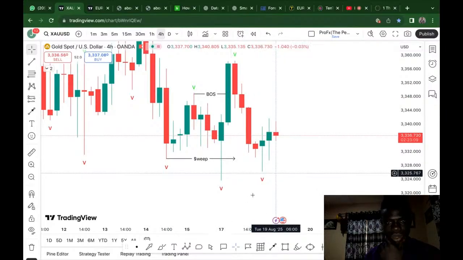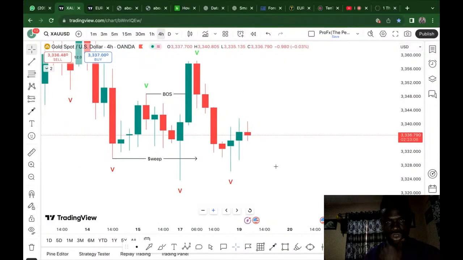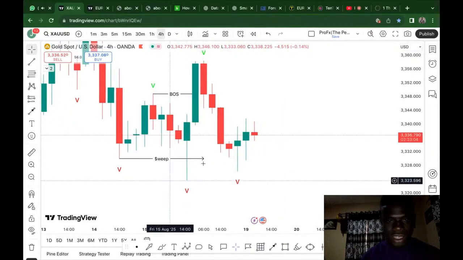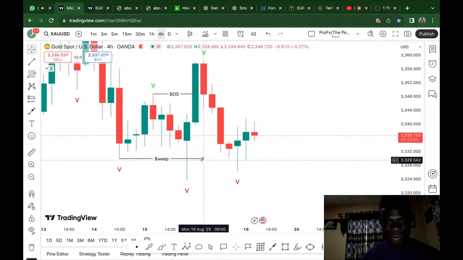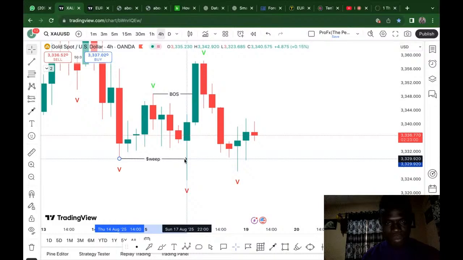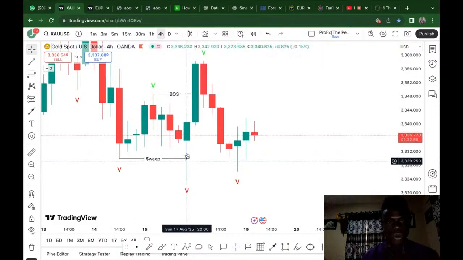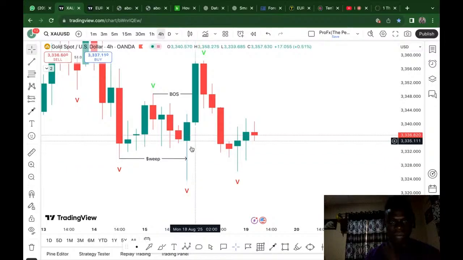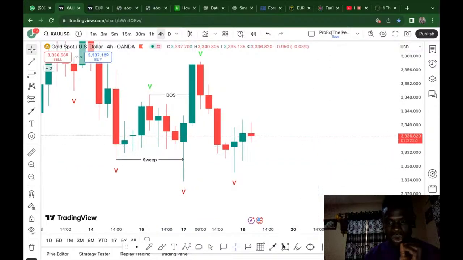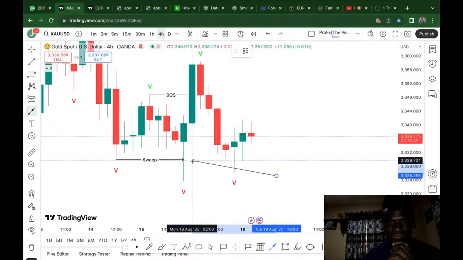Now there's a rule in market structure that a week on a higher time frame is an order block on a lower time frame. Write that down. A week on a higher time frame is an order block on a lower time frame. I've said this times and times again.